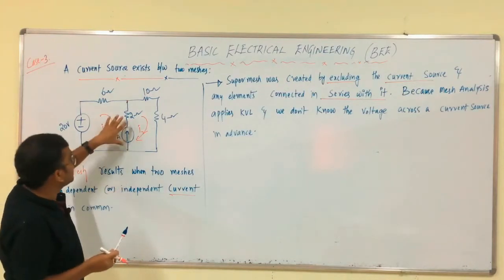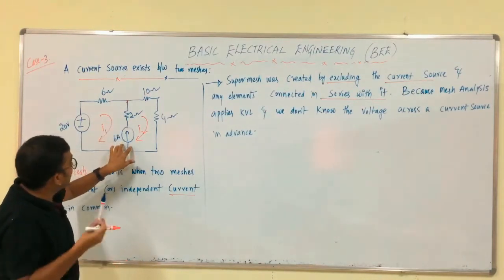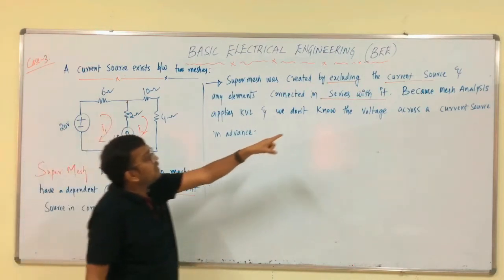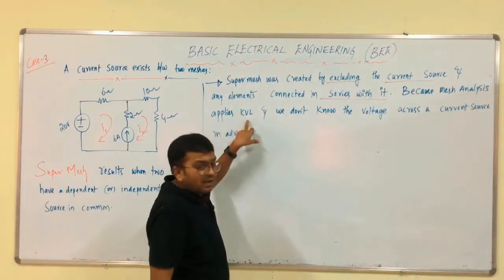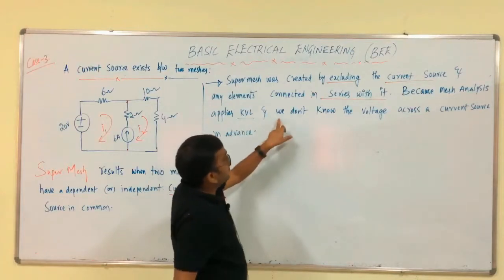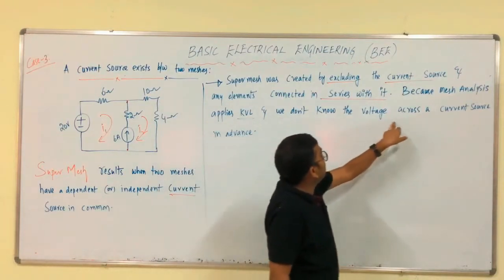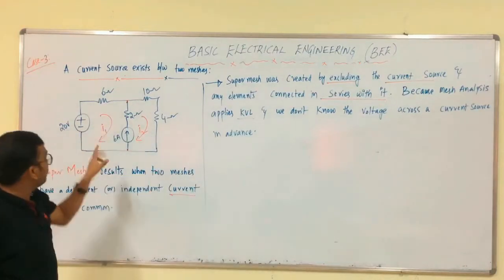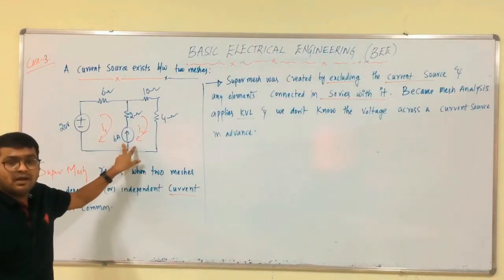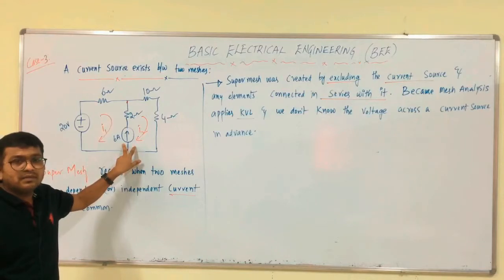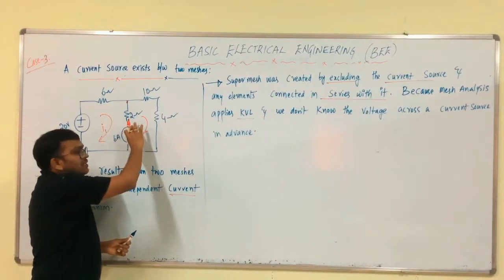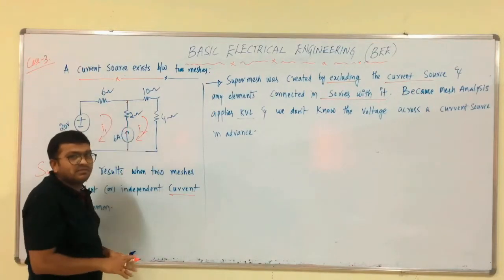Why do we have to remove this current source along with the series connected elements? Because mesh analysis applies KVL, we all know that, and we do not know the voltage across a current source in advance. We do not know the exact voltage drop across the 6 amp current source, though we are applying KVL.